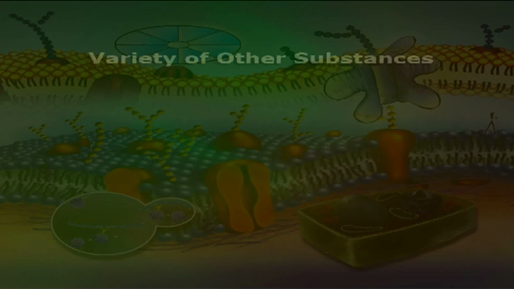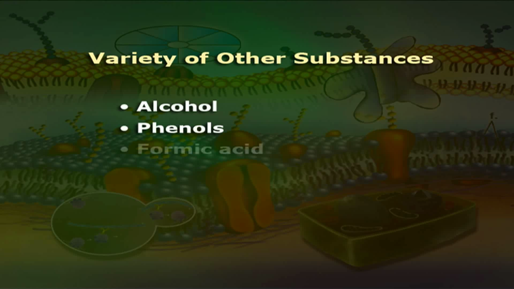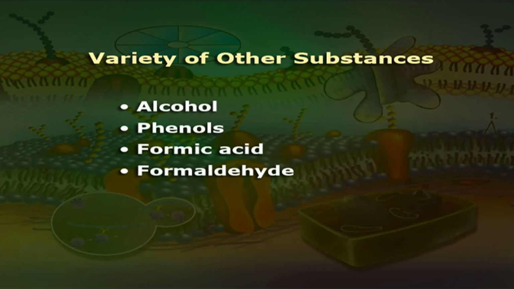Catalase forms 40% of total peroxisome protein. It catalyzes hydrogen peroxide generated by other enzymes in the organelle to oxidize a variety of other substances including alcohol, phenols, formic acid and formaldehyde by peroxidative reaction.